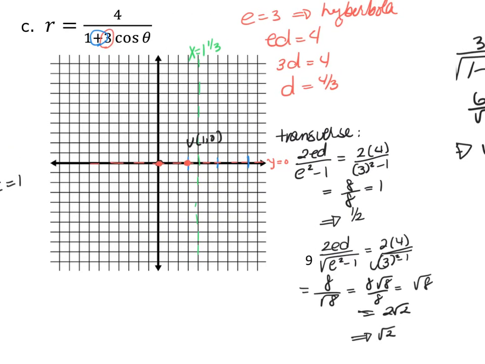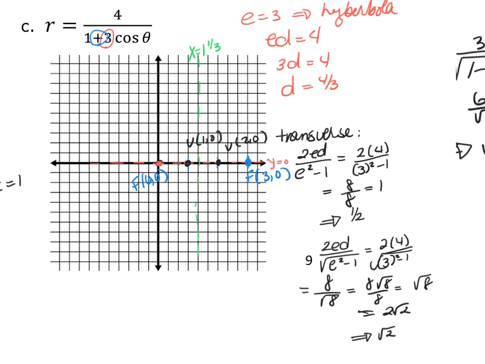I have a length of 1, so my other vertex must be over here, which is at 2, 0. My other focus is also a distance of 1. So here's where my other focus is. So I have a focus at 0, 0, and I have a focus at 3, 0.